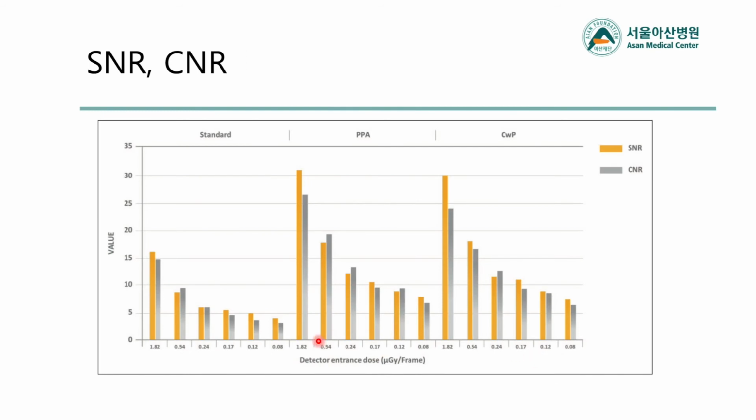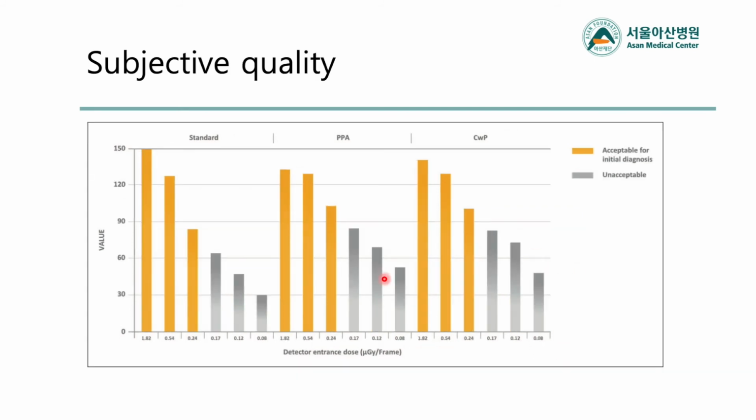Needless to say, the SNR and the CNR decrease with a reduced dose. However, we could compensate for them by applying improved image processing protocols, even in the cases with the copper filters.